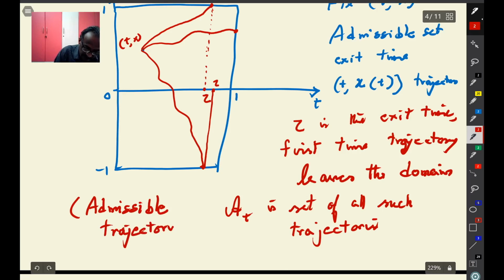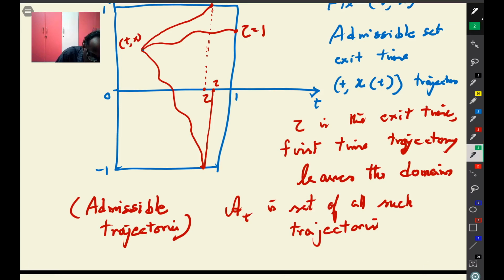So if for this case tau is equal to 1. So if any trajectory comes and leaves here, so tau equal to 1. So that's the time so that it completes the path up to t, because t equal to 1 is the maximum time.